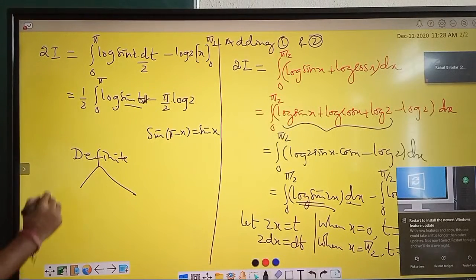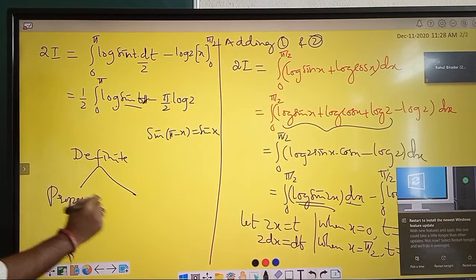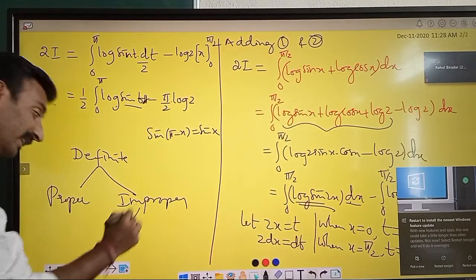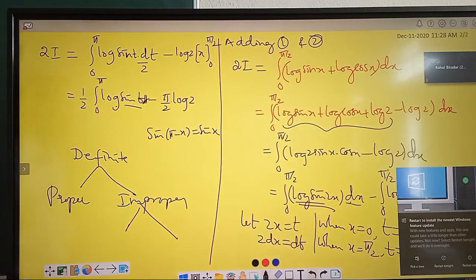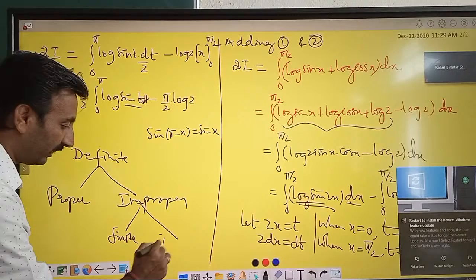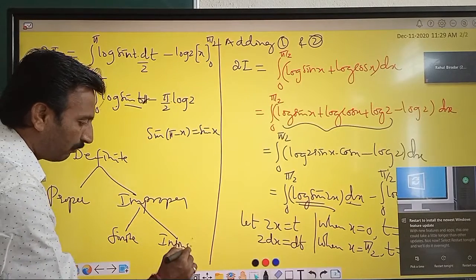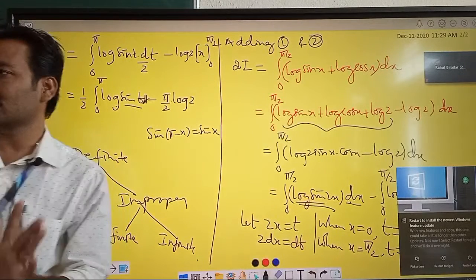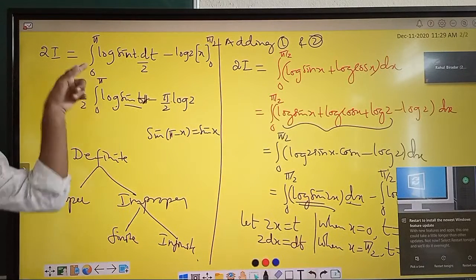One is proper, another one is improper. Correct? Improper again two types: infinite limit and finite limit. By default, if the limit is infinite, the answer you are getting is infinity in most of the cases. And the second, finite limit.